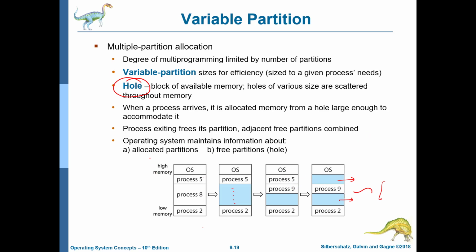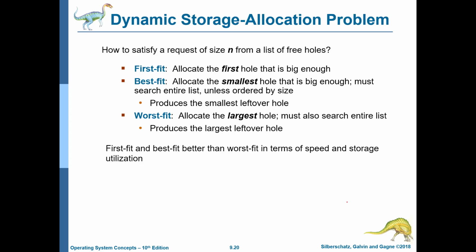So the operating system will maintain 2 data structures. One is allocated partitions and the other is free partitions, which are essentially the list of these holes. So let's say a new request comes whose size is n. How do we fit it? Because it is possible that in a large memory, you might have some region for a process, then a hole, then another region for another process. You could have tons of allocated regions and holes, right?